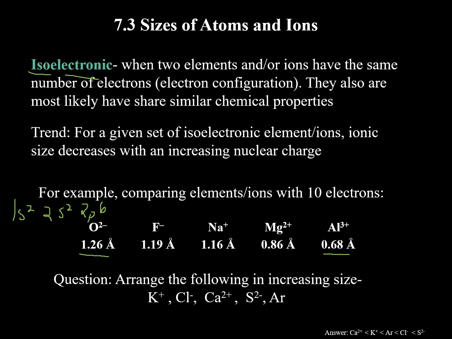So I want you guys to give it a try. All of them are isoelectronic, so they have the same number of electrons. So we have to differentiate all three by the number of protons. So calcium has 20 protons.